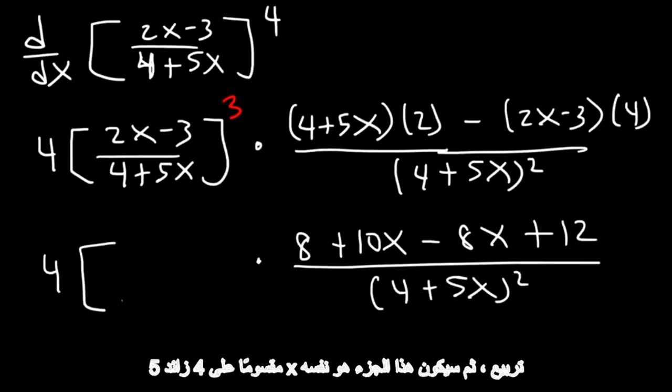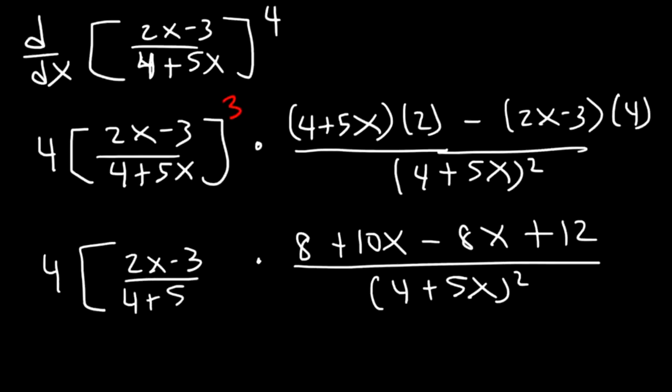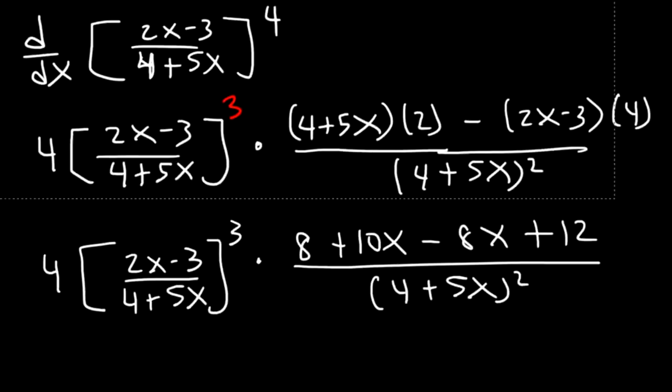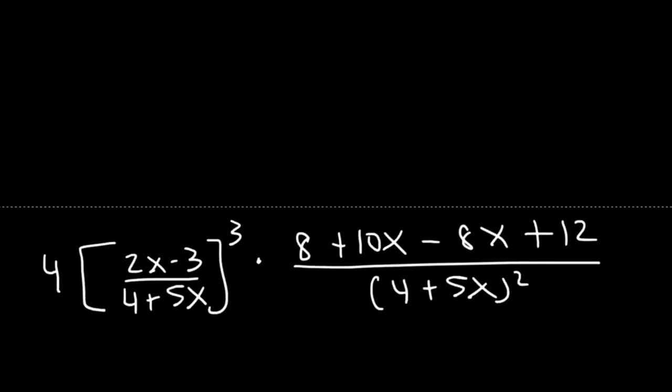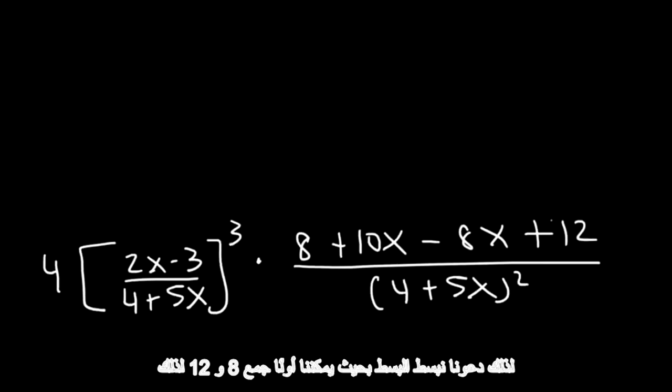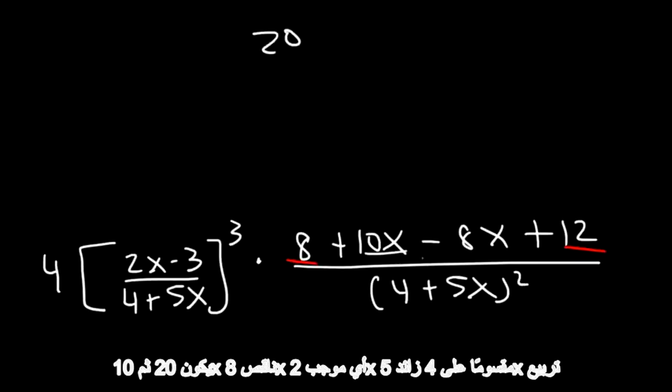And then this part is going to be the same. So let's simplify the numerator. So first, we can add 8 and 12. So that's going to be 20. And then 10x minus 8x, that's positive 2x, divided by 4 plus 5x squared.